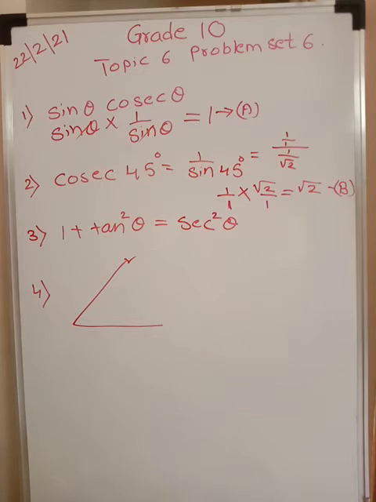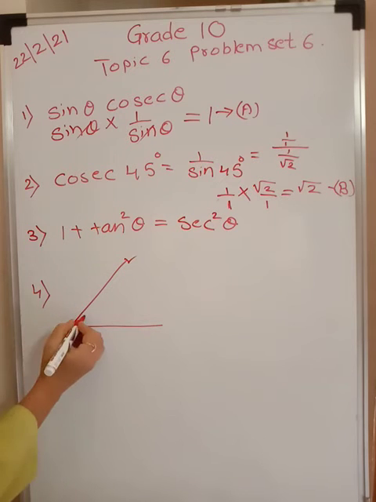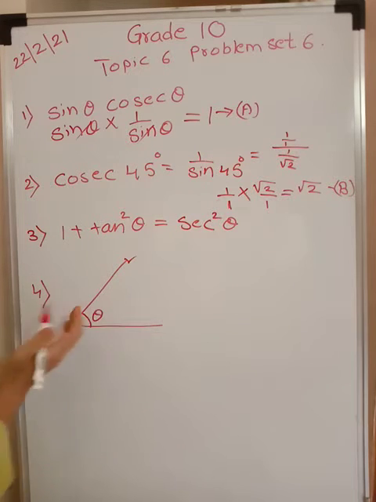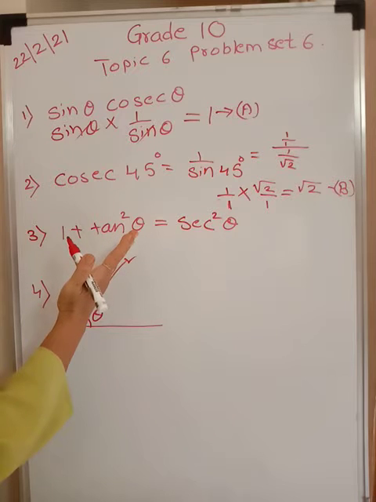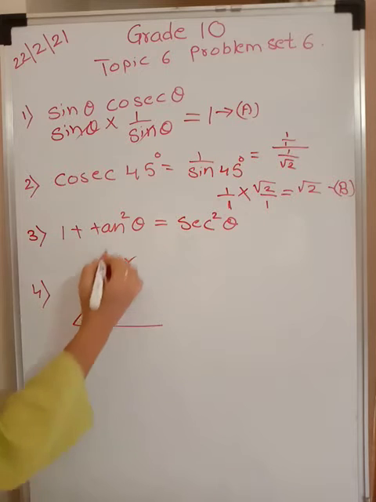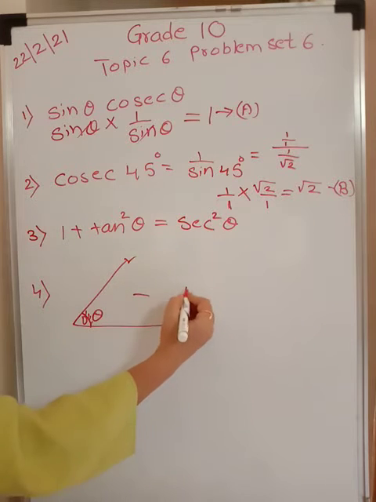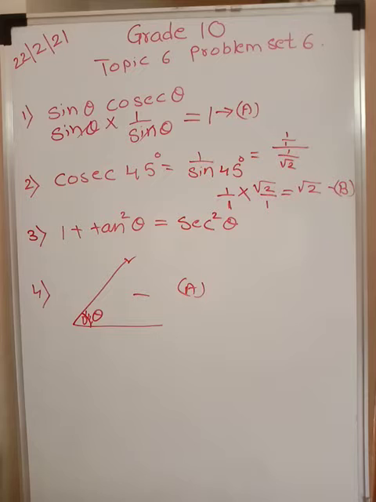They are asking that when we see at a higher level from the horizontal, the angle formed is what? We are looking in the upward direction. For example, this is your eye, and you are looking like this. So this is nothing but angle of elevation. So your correct answer for the fourth question is A, angle of elevation.